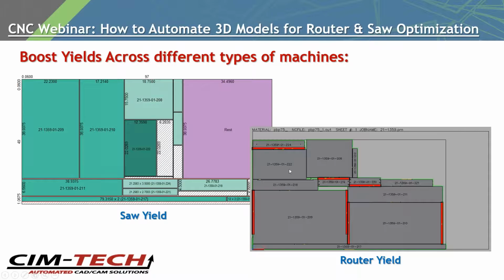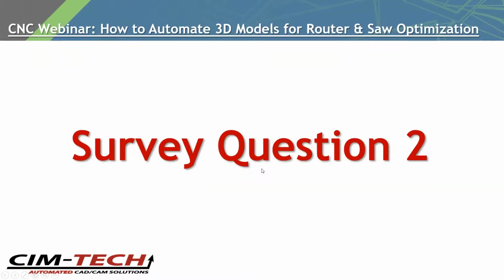So you can have a difference in yields whether you're nesting on a saw or on a router. We give you the best of both worlds with the new saw features that we're going to show you here today.